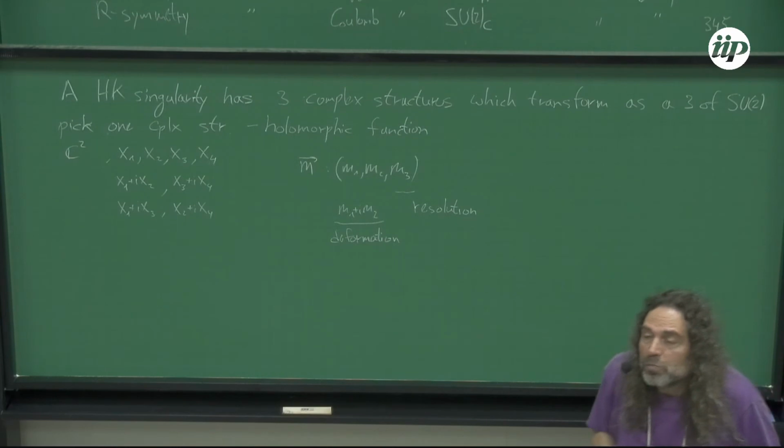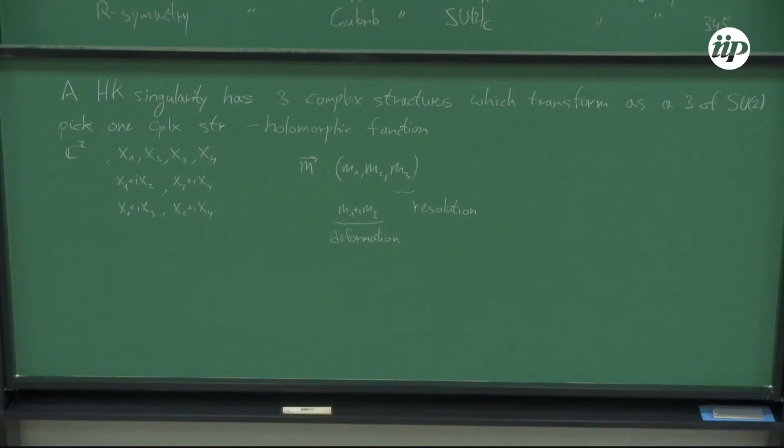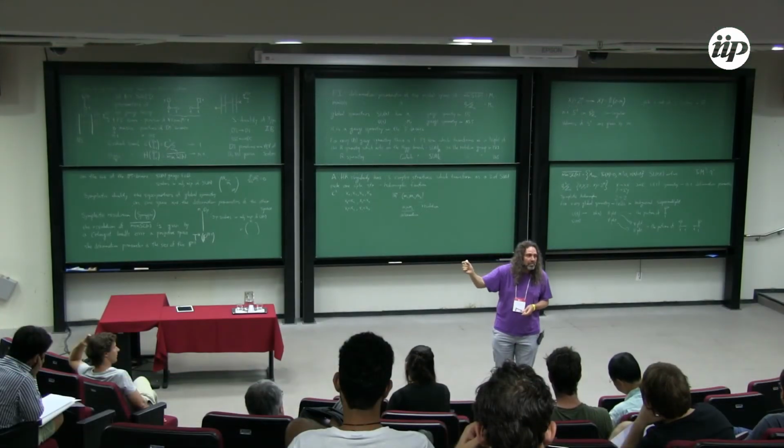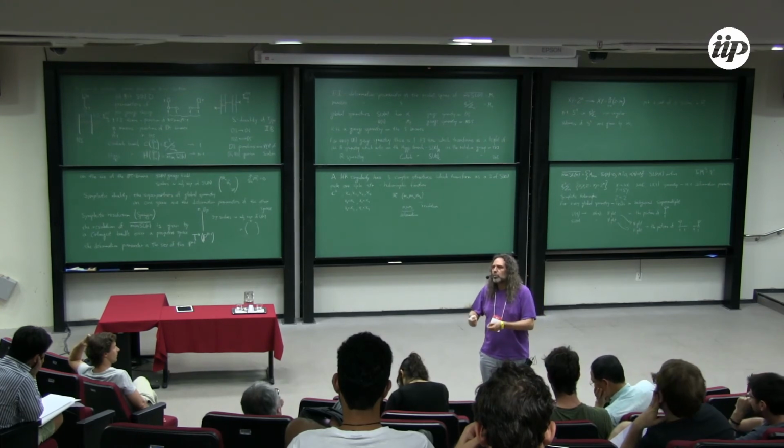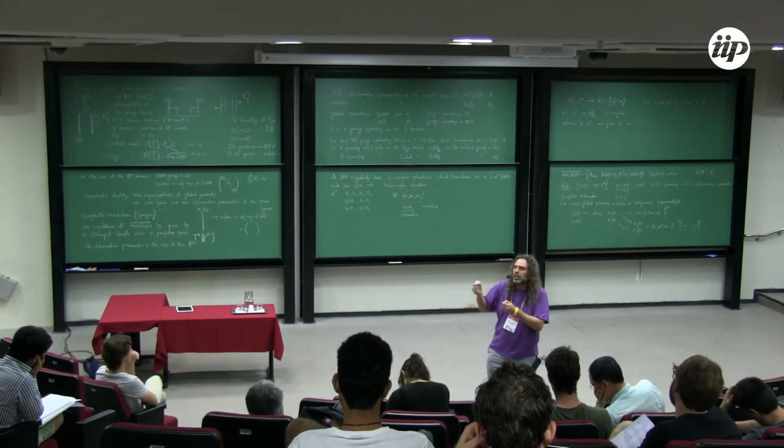But because of the amount of supersymmetry, I can always rotate those m's among each other. It's just a choice that I'm making. So the notion of deformation or resolution for hyperkähler singularities doesn't mean much, right? I can always rotate one to another. So it's very important that you ask this question, and that we clarify that because of the amount of supersymmetry, we are able to rotate between resolutions and deformations.